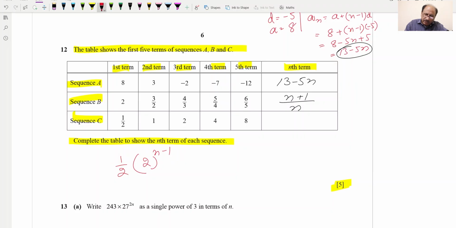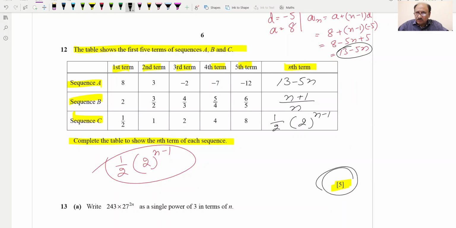If we take, for example, n equal to 3, n minus 1 will be 3 minus 1, which is 2, so 2 squared is 4, and 4 divided by 2 will be 2. So this formula is working for all terms, and we can write the nth term as 1 by 2 into 2 raised to the power n minus 1. This will be our answer, and this is for 5 marks, which we are done.